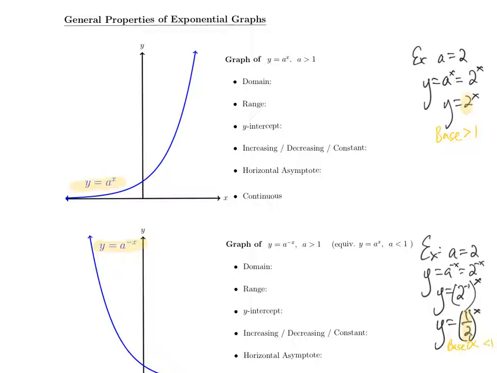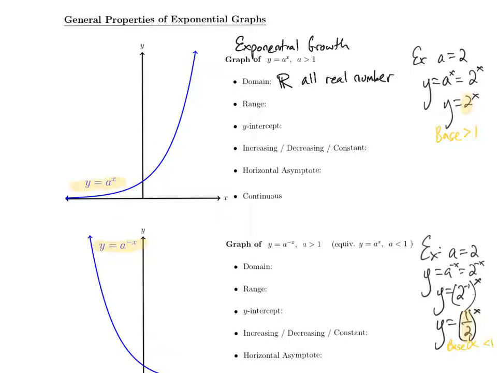So let's take a look at some general features of exponential growth. The domain will be all real numbers because we are able to plug anything in to the function without causing any division by 0, without causing any square root of a negative or anything like that.